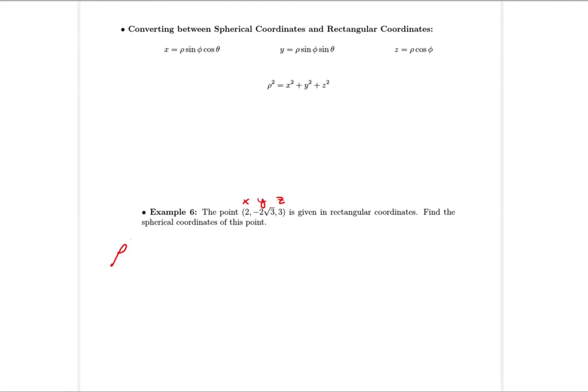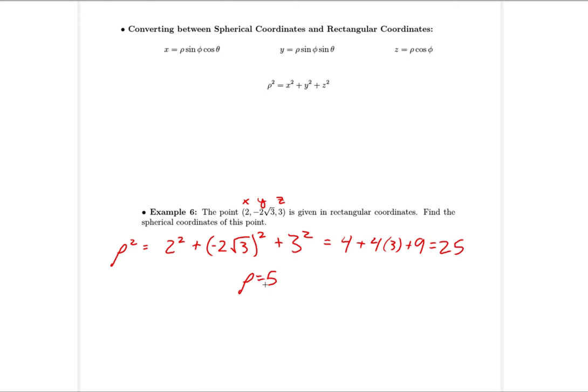So we can find rho real fast, right? Rho is just 2 squared plus negative 2 square roots of 3 squared plus 3 squared, which is equal to 4 plus 4 times 3 plus 9 is 25. So rho equals 5. So that's fairly painless.